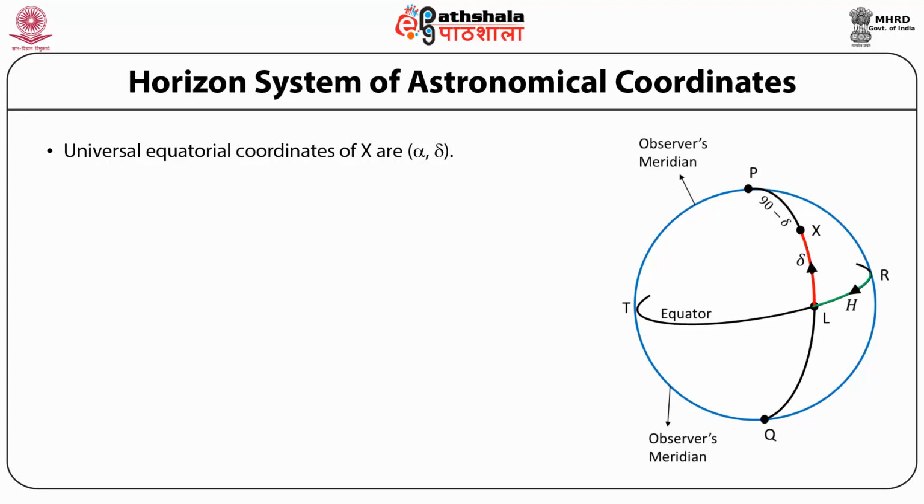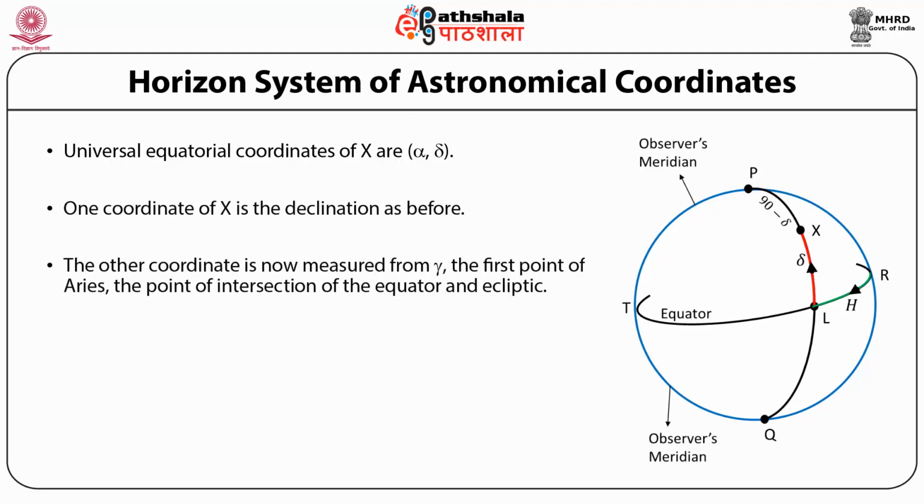To find the position of a celestial object X in the universal equatorial system, we again draw a half great circle from the poles crossing through the celestial object at X. This half circle crosses the equator at L. The arc LX is the declination, one of the coordinates of that position.